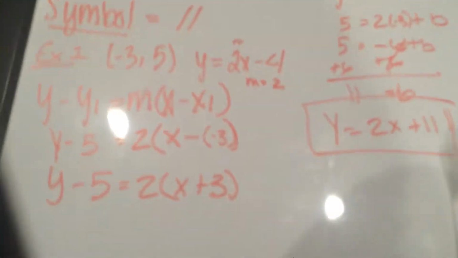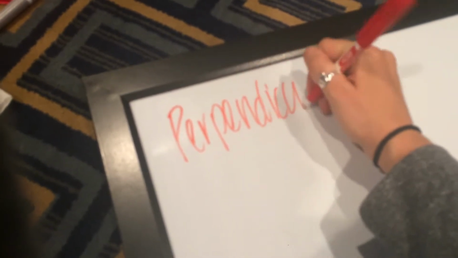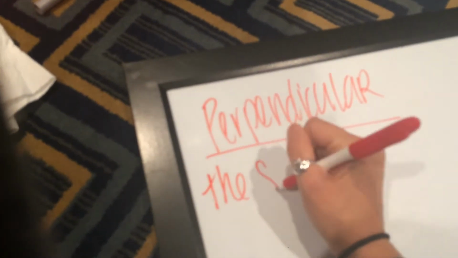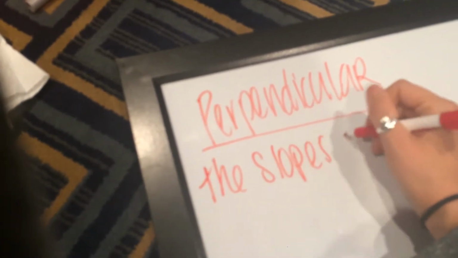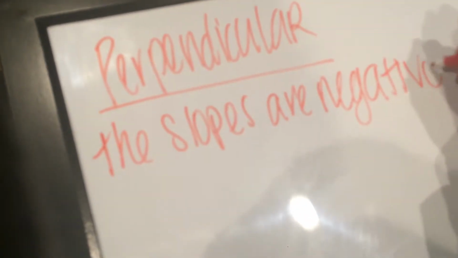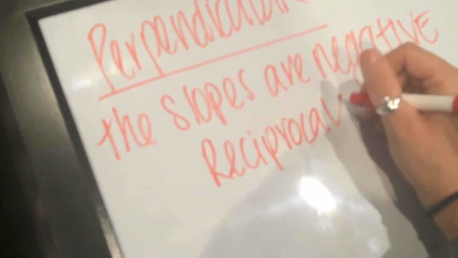Now, let's erase. Now perpendicular. The slopes are negative reciprocals.